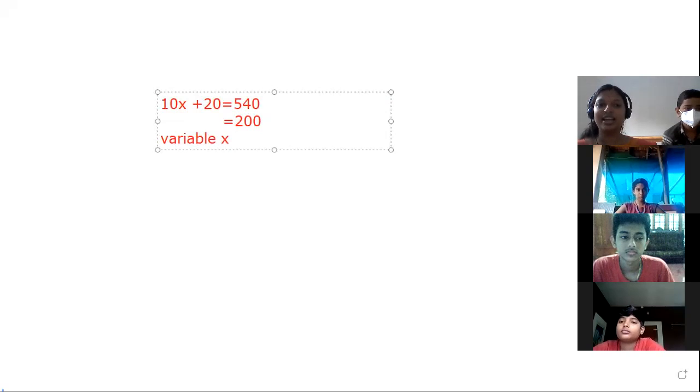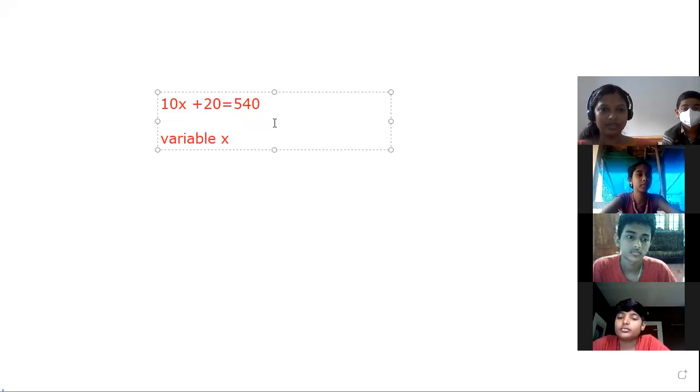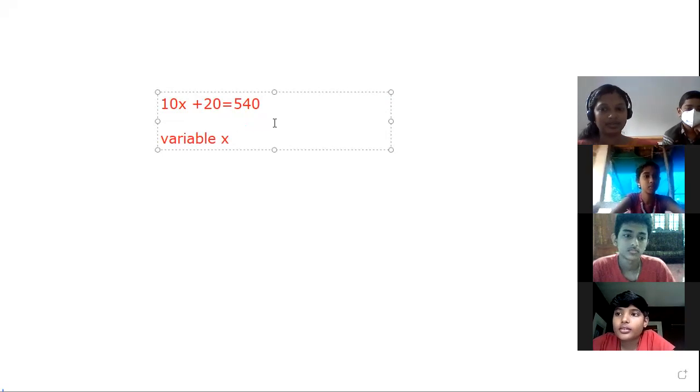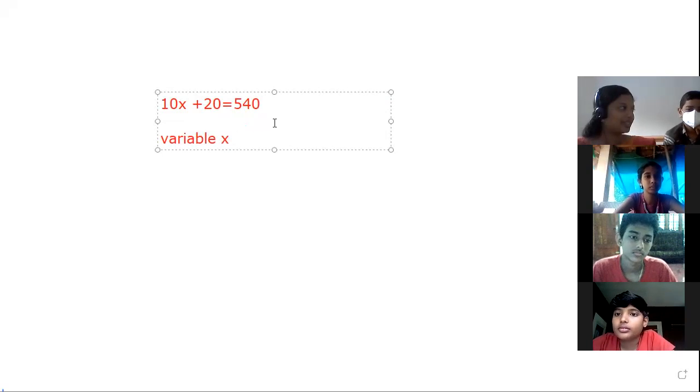So this is the equation I have formulated: 10x plus 20 is equal to 540. Why should we consider it as an equation? This is an equation because it contains an equality sign.